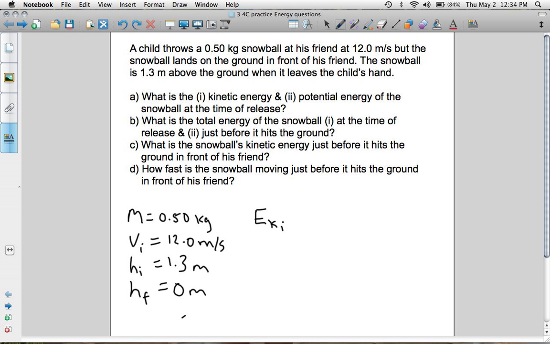So that's initial. So E K initial is going to be equal to 1/2 mv squared, but because it's initial kinetic, that's got to be the initial v.